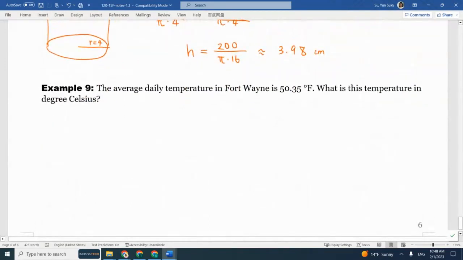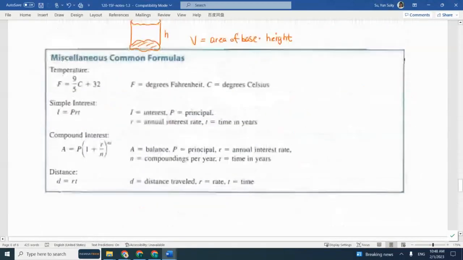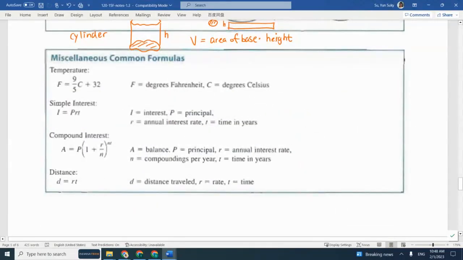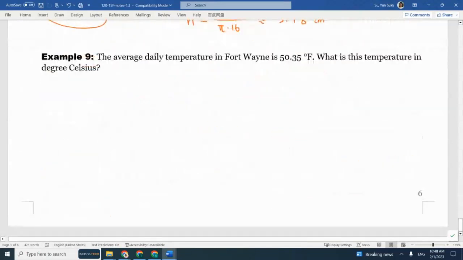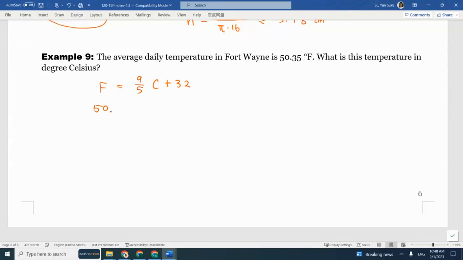Okay, last one. Average temperature in Fort Wayne is 50.35 Fahrenheit. What is this temperature in Celsius? What's the formula? Fahrenheit equals 9/5 Celsius plus 32. Fahrenheit is 50.35.